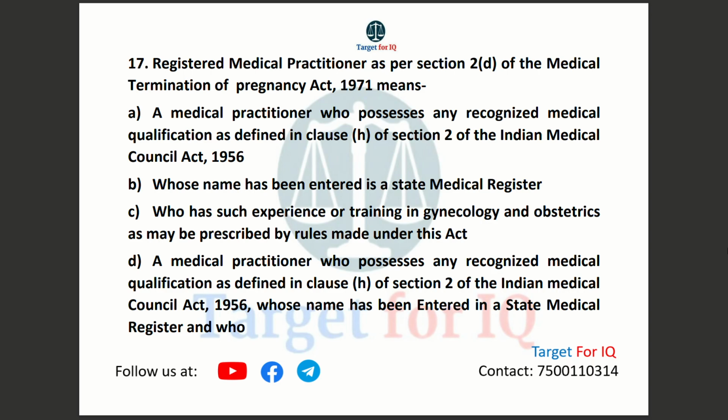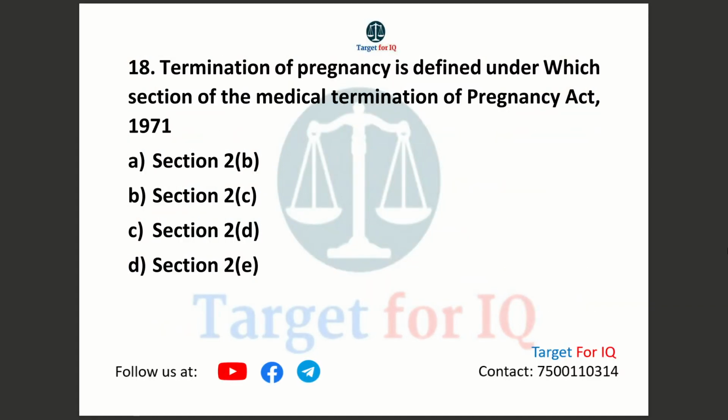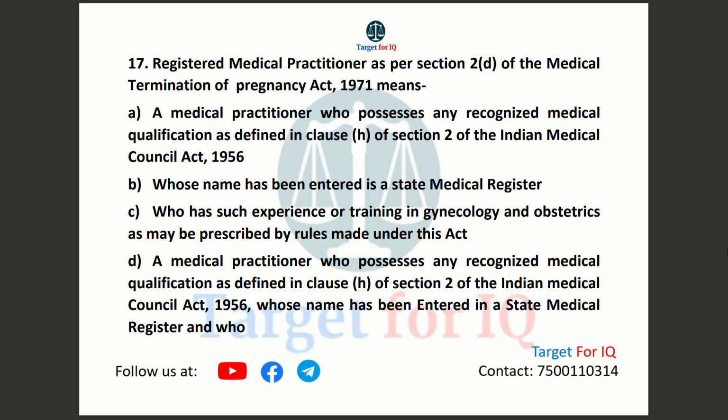Option D, a medical practitioner who possesses any recognized medical qualification as defined in clause H of section 2 of Indian Medical Council Act 1956, whose name has been entered in state medical register. So the correct answer to question number 17 is option D, a medical practitioner who possesses any recognized medical qualification as defined in clause H of section 2 of Indian Medical Council Act 1956 and whose name has been entered in state medical register.